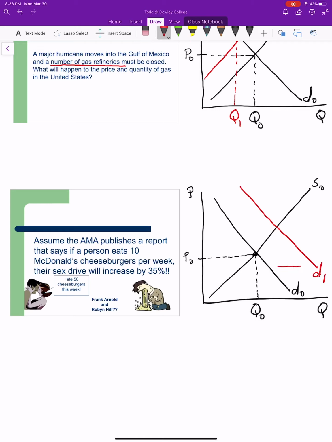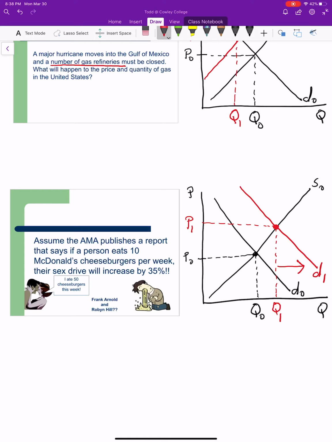So as that demand curve shifts out to the right, eventually we will hit a new equilibrium where we will see the price of McDonald's cheeseburgers increase, and we will see the quantity of McDonald's cheeseburgers increase as well.